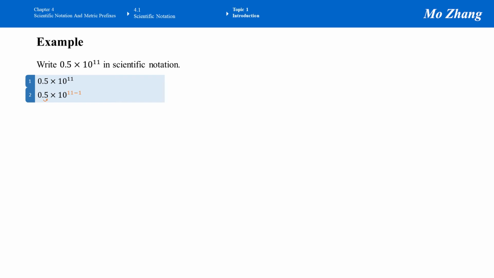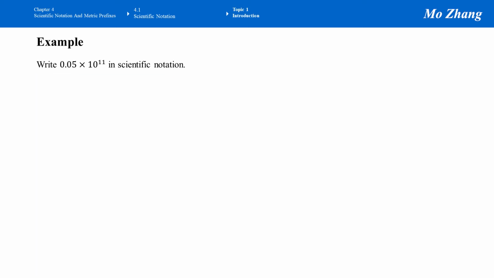If we multiply the number part by 10, we need to do the opposite operation for the exponent. We need to subtract 1 from the current exponent. So at the end, it's 5.0 times 10 to the power 11 minus 1. The answer is 5.0 times 10 to the power 10.